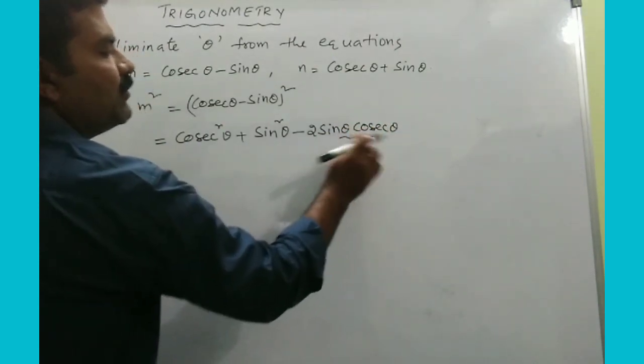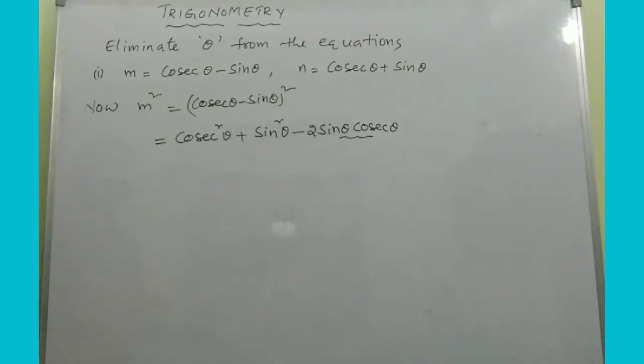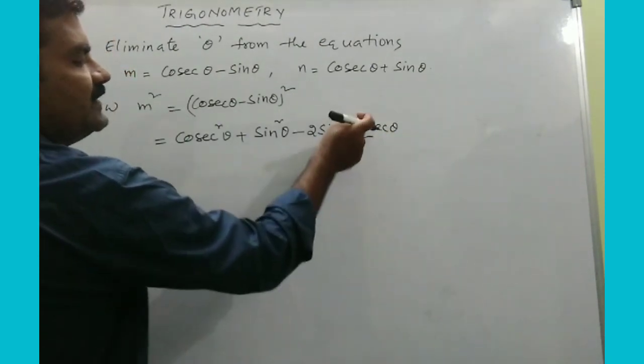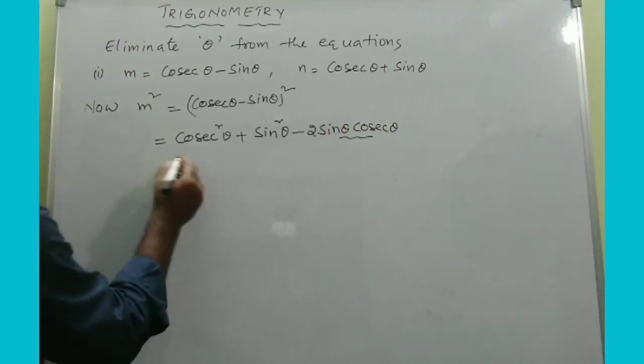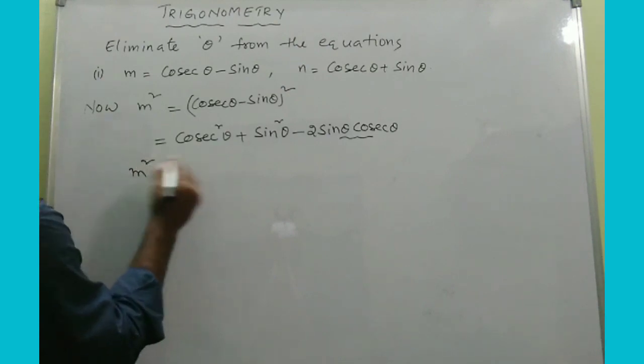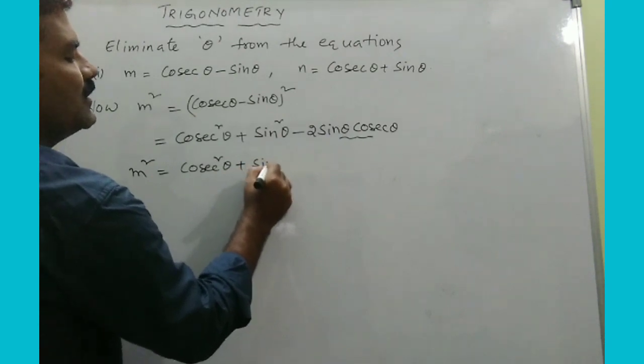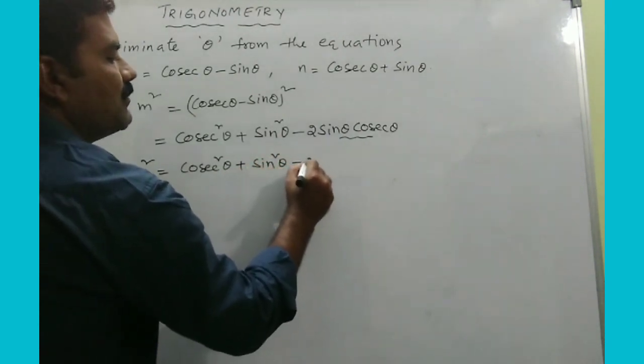And what can you say about sin into cosecant? Both are reciprocals, no? So cosecant can be written as 1 by sin, hence sin theta gets cancelled. So finally m square is equal to cosecant square theta plus sin square theta minus 2.